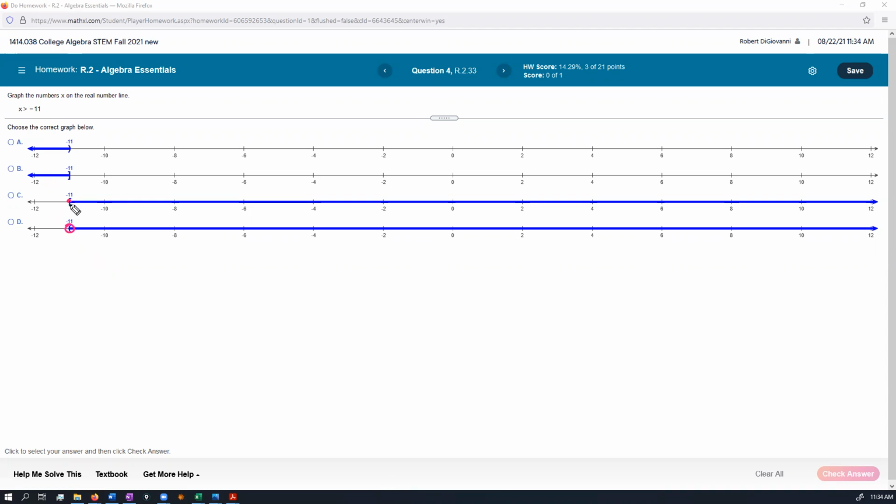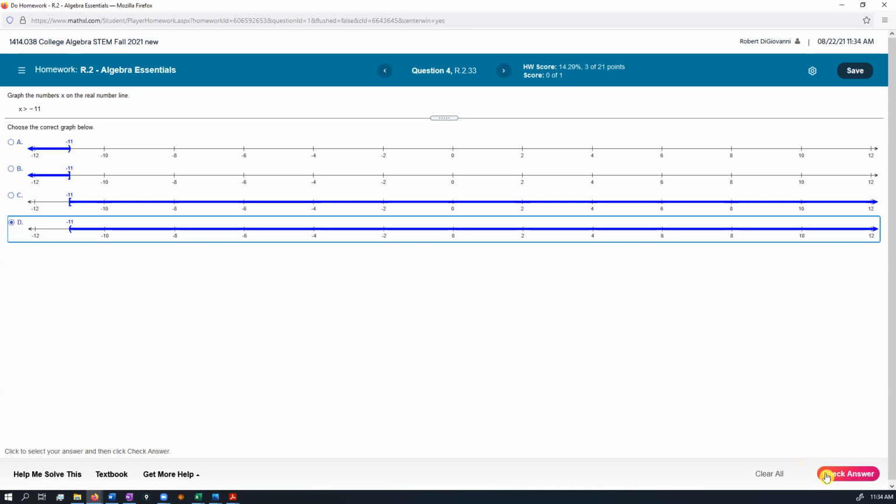And when we do include, you put a solid dot. Well, you can do it that way, or you can do it this way, where if you don't want to include negative 11, you do a parenthesis, and if you do want to include negative 11, you put a bracket. So here we don't want to include it, so we are going to pick this one here.